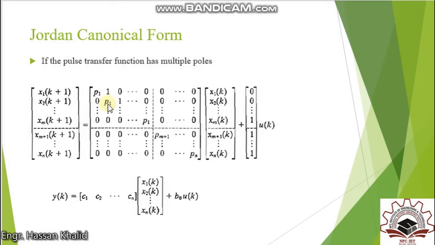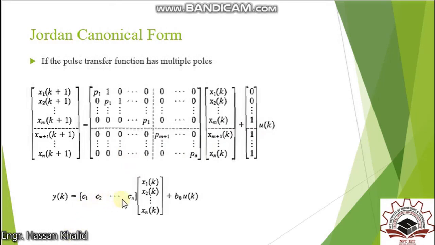For the second repeating pole, there will be a 1 in the previous entry in the same column. Similarly, if there is a P1 at the third place, it will once again have the 1 in the prior entry and 0 in the remaining, and this will go on repeating the same way. So this is the Jordan canonical form, and I hope you will easily understand it when we solve the example regarding it.